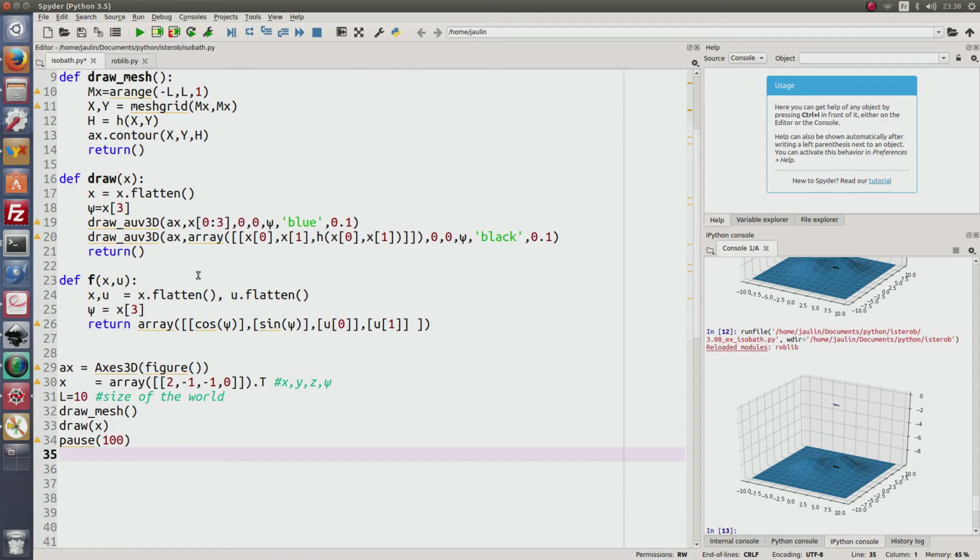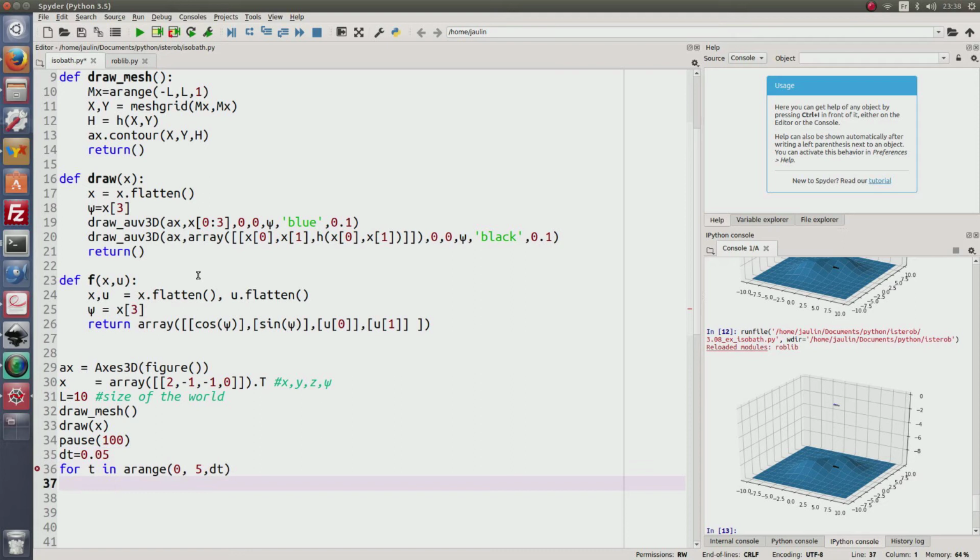So first I will do a for loop, for t in a range. I will start at 0, for instance, and go to 5, with dt. So dt is a small number. I will write, for instance, dt equals 0.05.